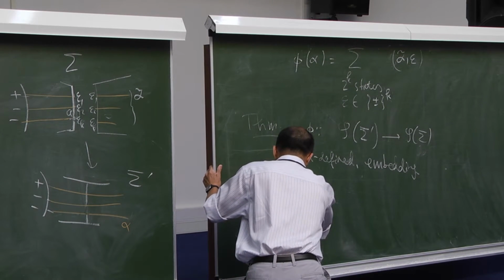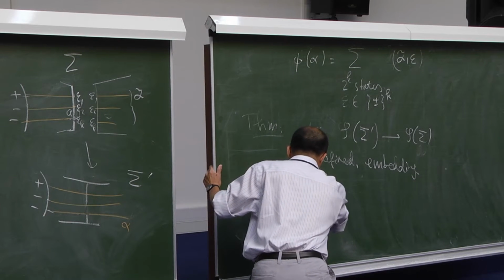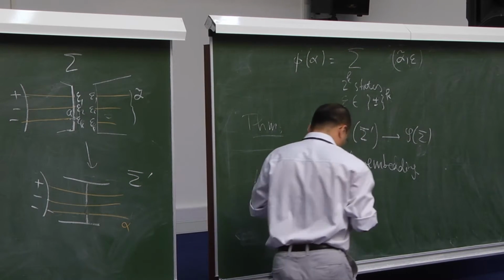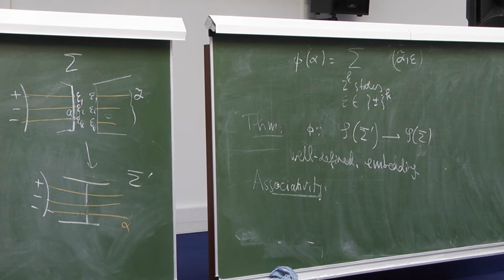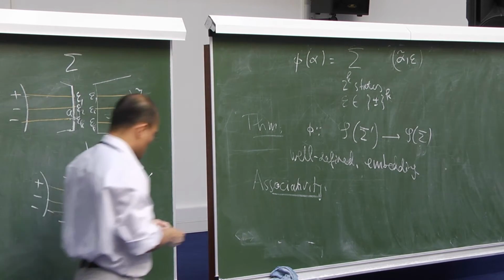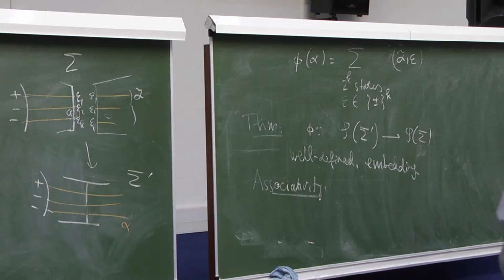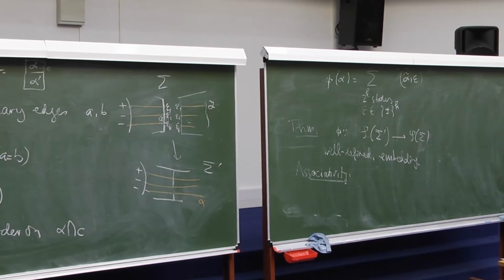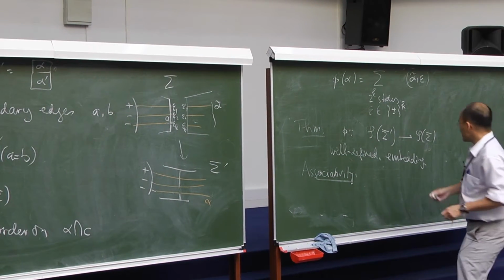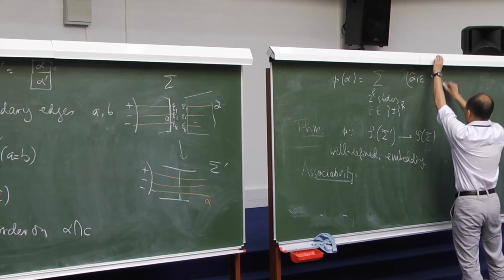It means that if I glue or I split using 2 different ways, I get the same result. So let me draw the diagram here.